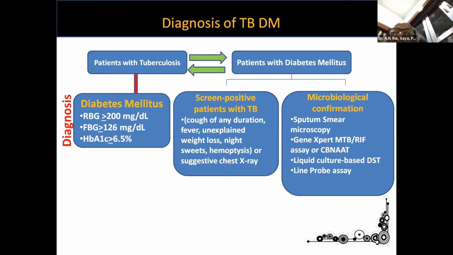And this should be confirmed by sputum microscopy. GeneXpert, you know, the CBNAAT is available in every district, everywhere now. And liquid culture is, you know, the gold standard, should be done whenever it is possible. Line probe assay is again a very quick diagnosis by this molecular assay.